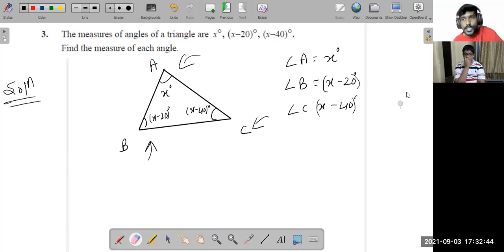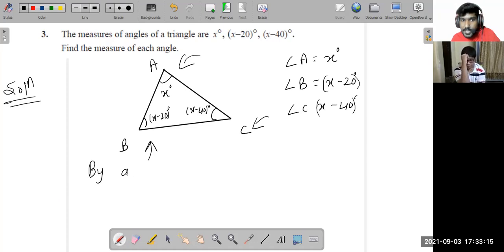Can you tell me how to do that? I don't know, sir. In the previous one, which property did we use? Angle sum property. What does the property say? If you add all angles in the triangle, that will be equal. So use that here.